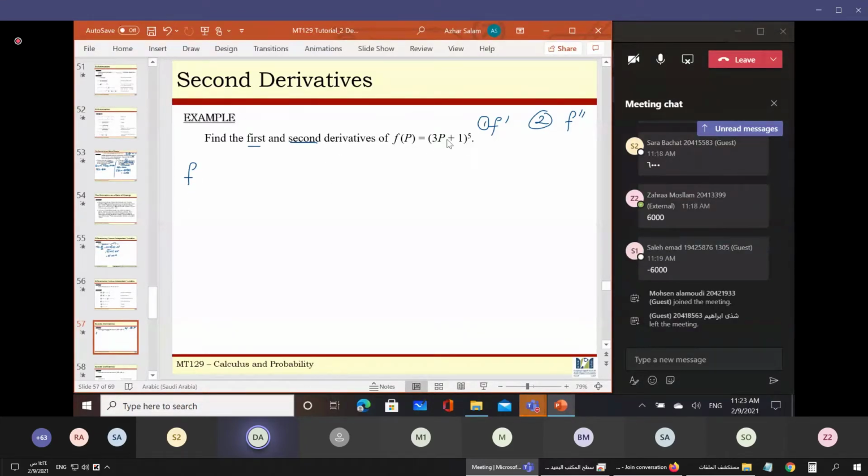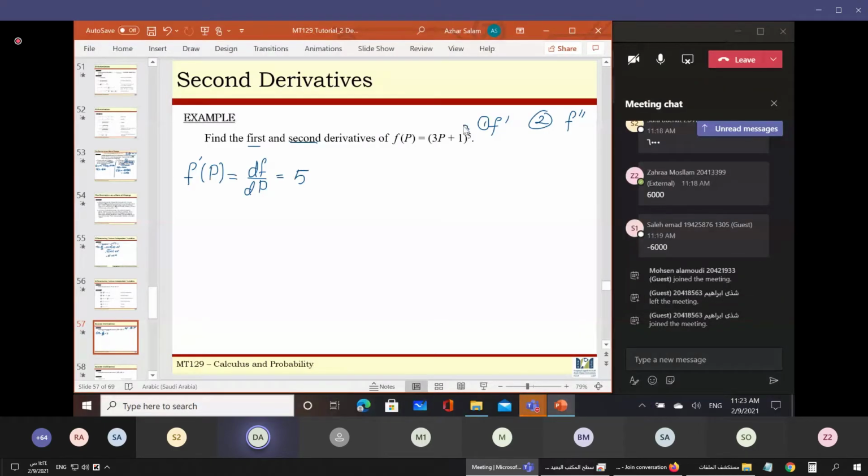This is ready to differentiate, to take the derivative. So f dash of p, or I can write d by dp of f. I can write it either way. It will be 5.